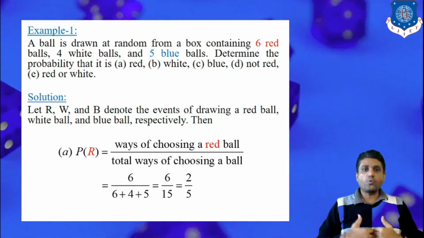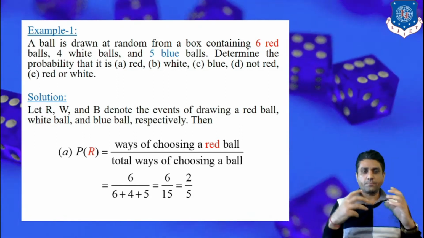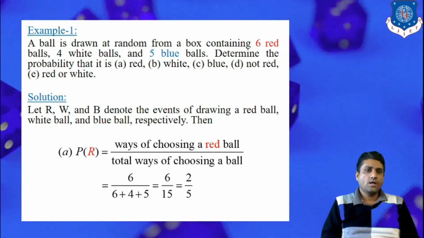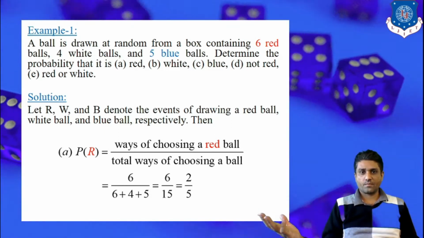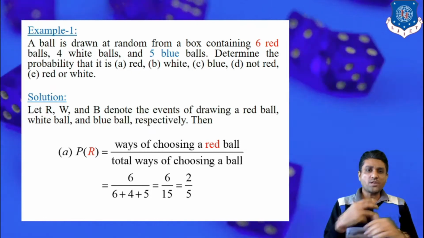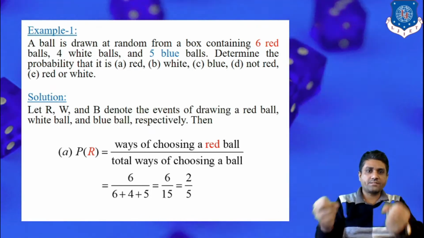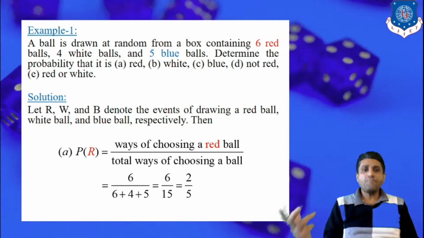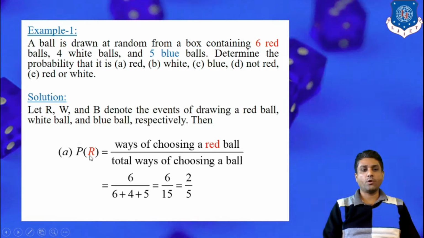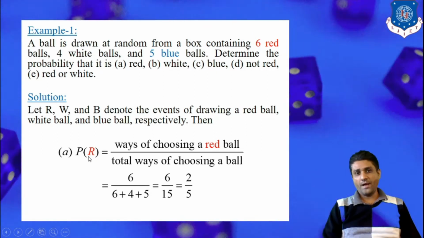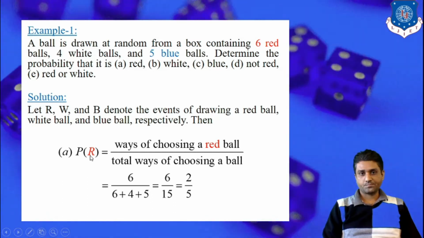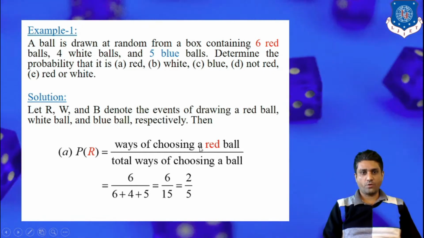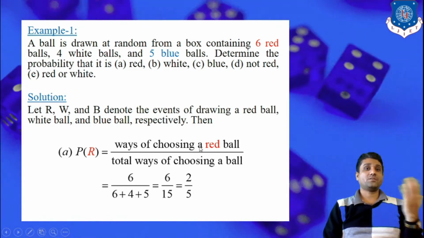That is, whatever we want to get, if we get that thing, it is known as our favorable outcome, and we assume we are successful. So the same thing here: probability of R, that is, the probability of getting a red ball. When we get a red ball, that is our favorable outcome, so we assume success.